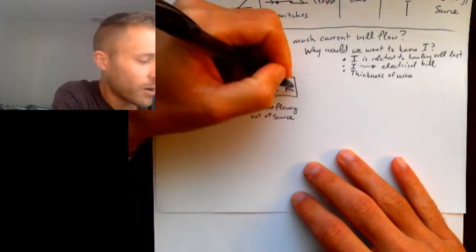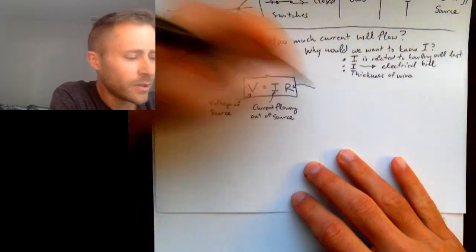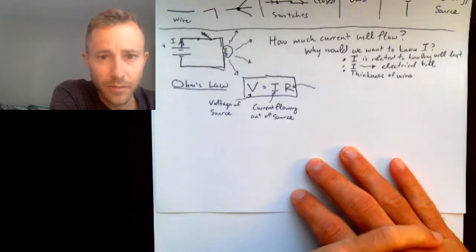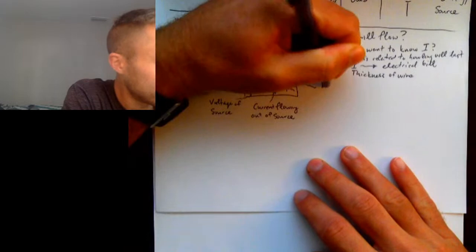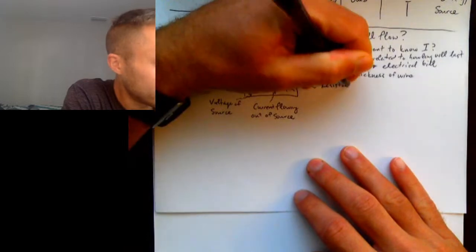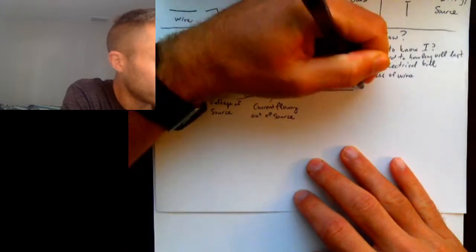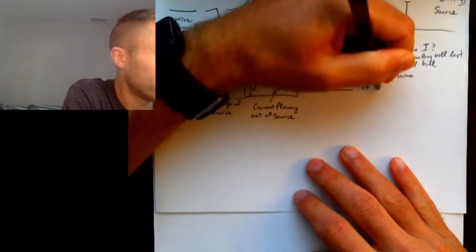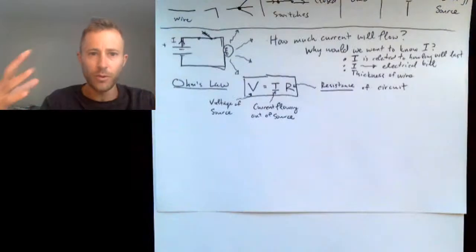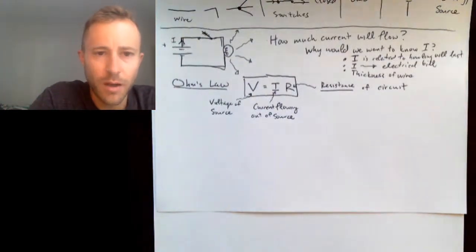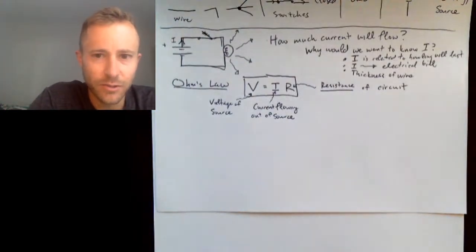And R is a parameter of the circuit called the circuit's resistance. Okay, so depending on how you have built the circuit, it will have a different resistance value.